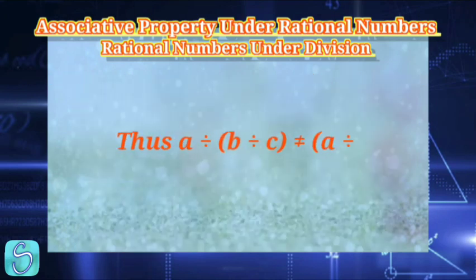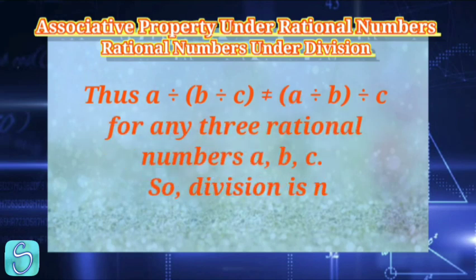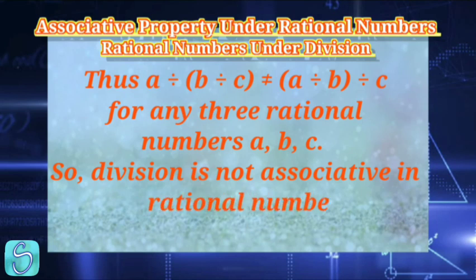Thus (a ÷ b) ÷ c is unequal to a ÷ (b ÷ c) for any three rational numbers a, b, c. So division is not associative in the rational numbers.